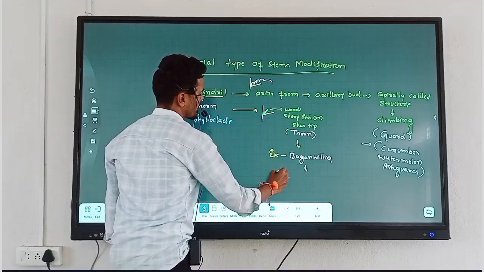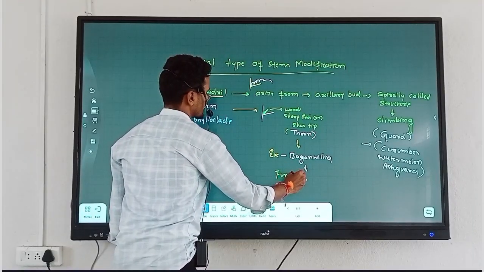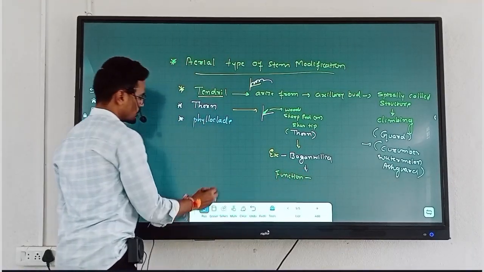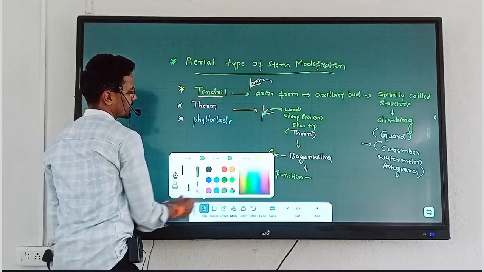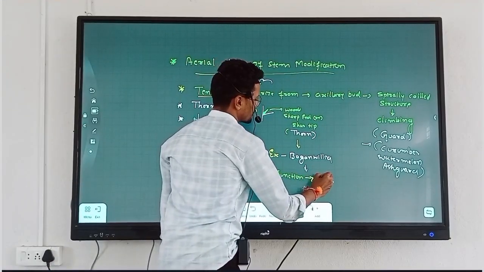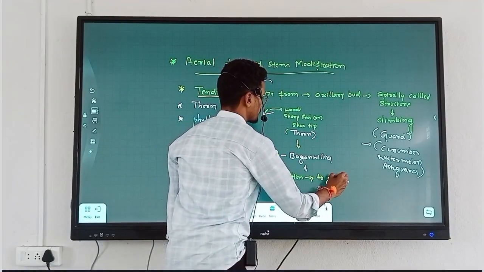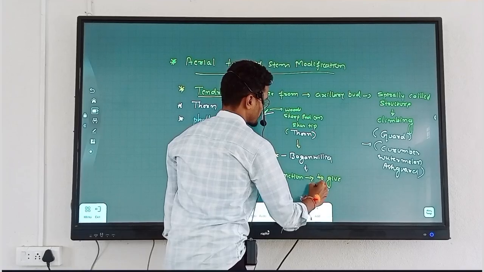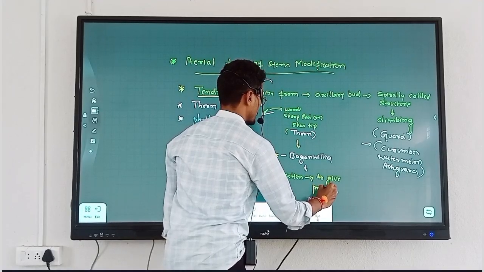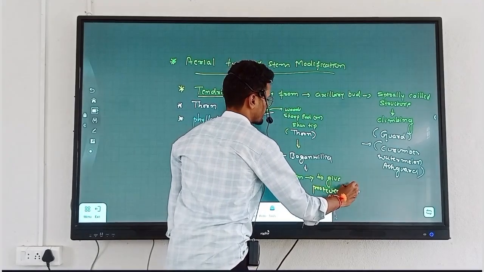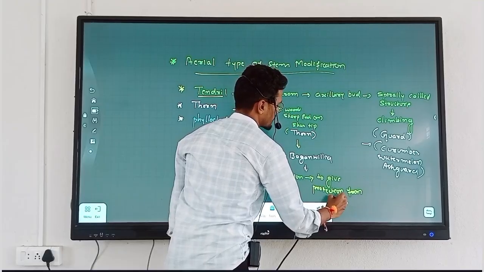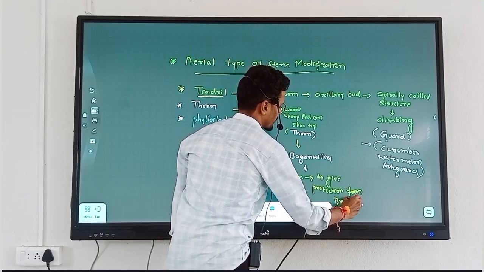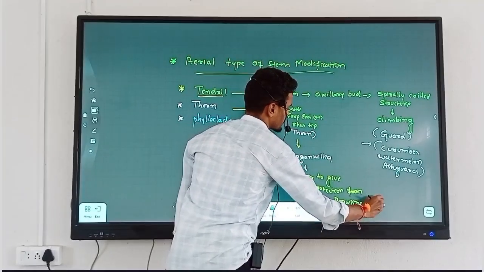The function of this thorn is to give protection from browsing animals.